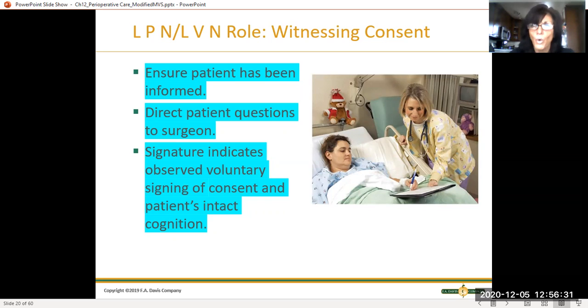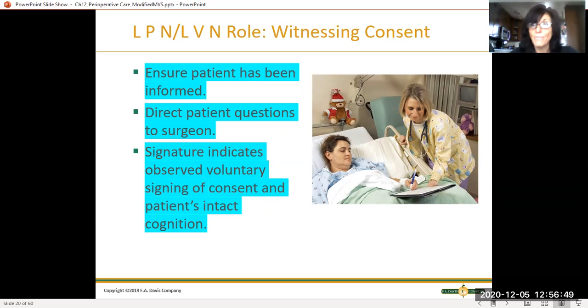Okay? That's what you were witnessing. You were witnessing that it was voluntary and that there was no impingement of cognition. So the patient was awake, alert, and oriented when they signed. That's it. Right? That's your responsibility when you sign as a witness.